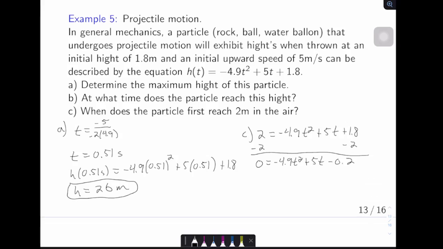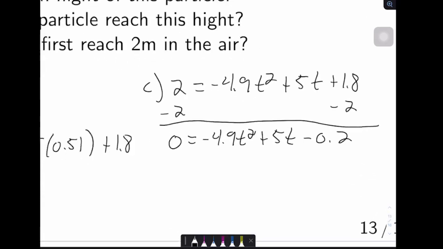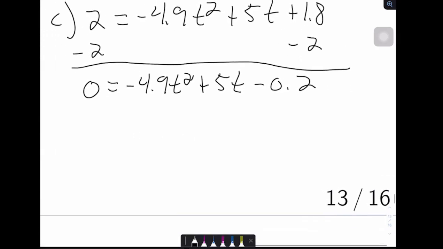All right. Quadratic formula. I mean, it's not what I want to do, but it's what we're going to do. All right, let's zoom in here. So the opposite of b, so we get a negative 5 plus or minus the square root of 25 minus 4 times negative 4.9 for a c.